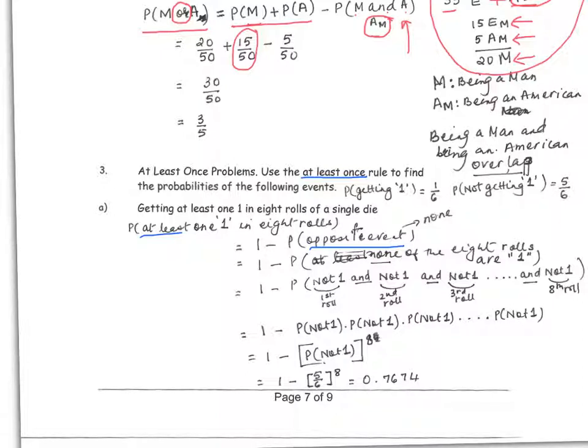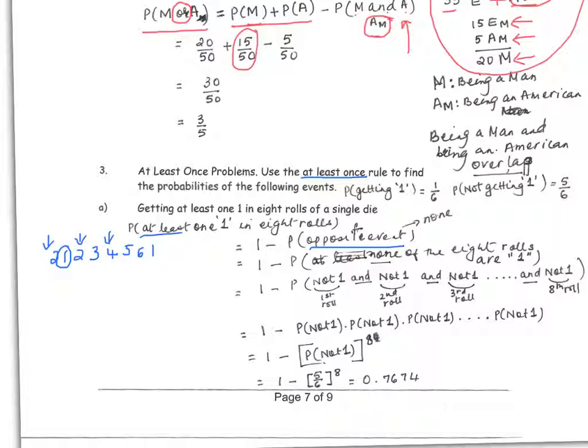So out of the 8 rolls, at least one of the 8 rolls is a 1. You could have something like 2, 1, 2, 3, 4, 5, 6, 2. So there are 8 rolls, and the 1 could be in this spot, or this spot, or this spot.